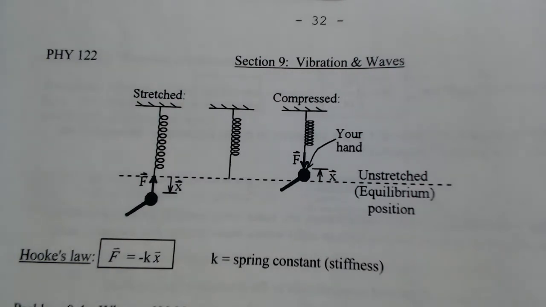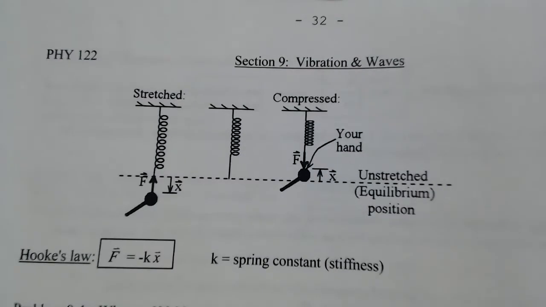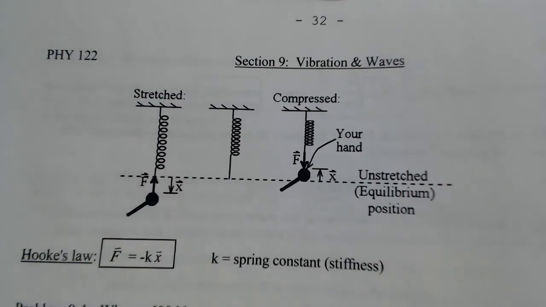And at least in an idealized spring, the amount of force from the spring, how hard it pushes or pulls on your hand, is directly proportional to x. If you stretch it twice as far, it pulls twice as hard. If you stretch it 3 times as far, it pulls 3 times as hard. As for the minus sign in Hooke's law, that's because of the opposite directions.